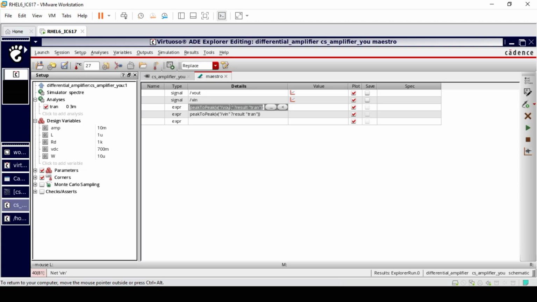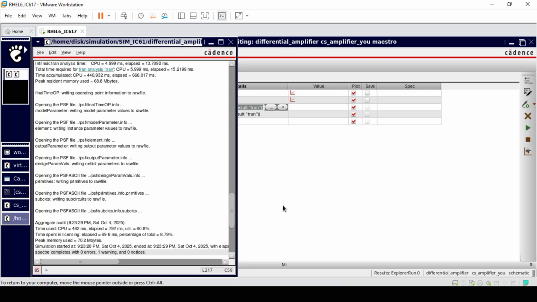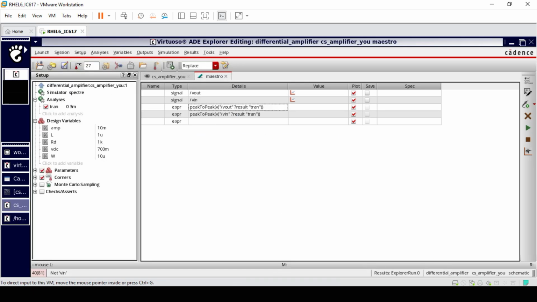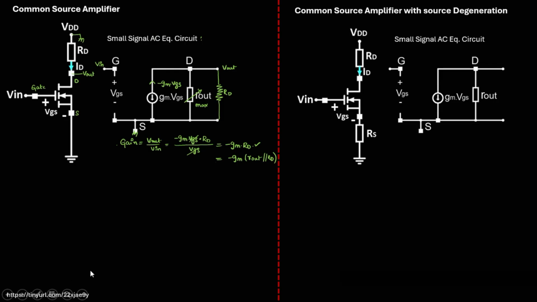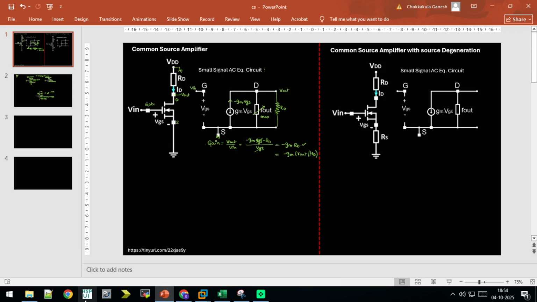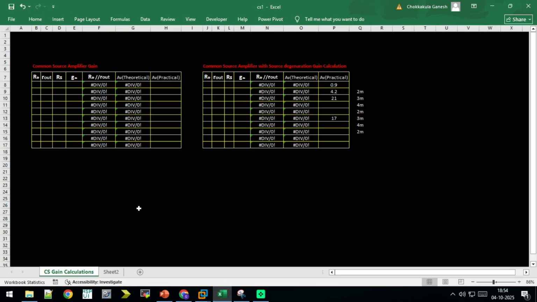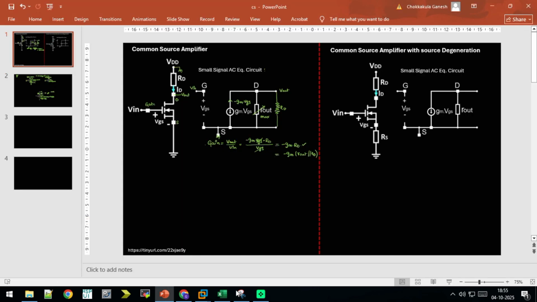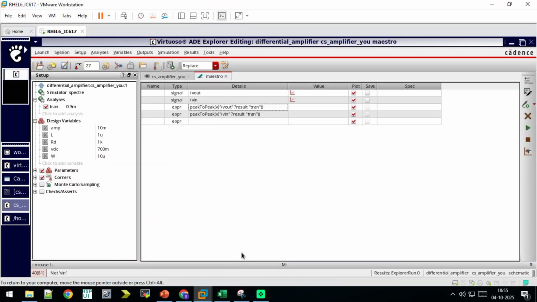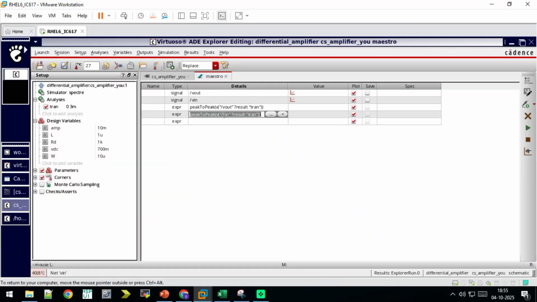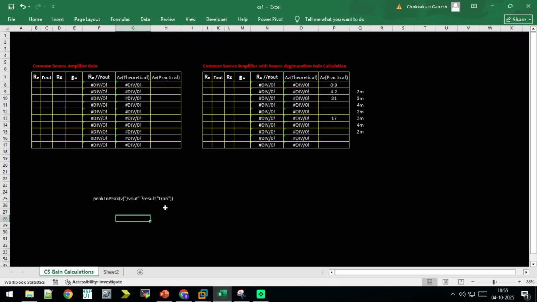This is the peak to peak of the V output. This is the peak to peak of the V input.